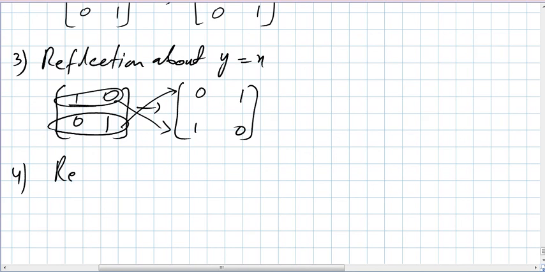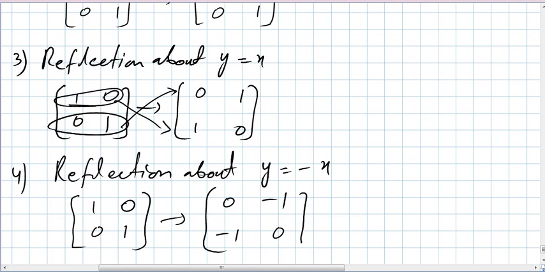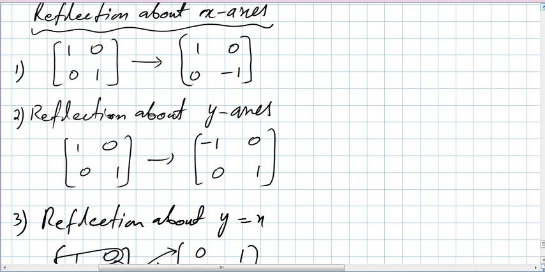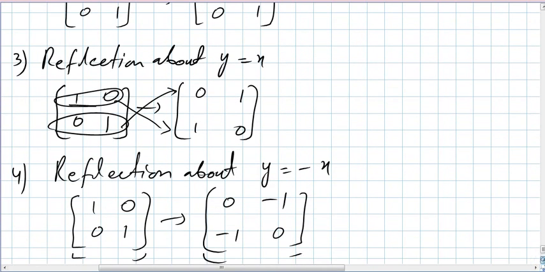Similarly, the reflection about y is equal to minus x, what happens? The matrix 1 0 0 1 after the reflection becomes swapped and signs change. So it becomes 0 minus 1 and minus 1 0. So these are four matrices we have for the reflection. One is about the x-axis, one is about the y-axis, one is about y is equal to x, and one is about y is equal to minus x.